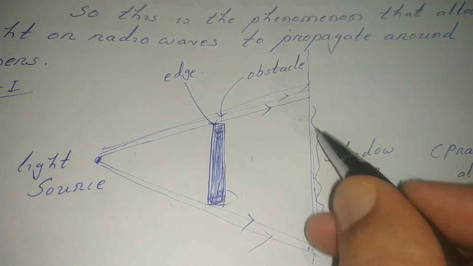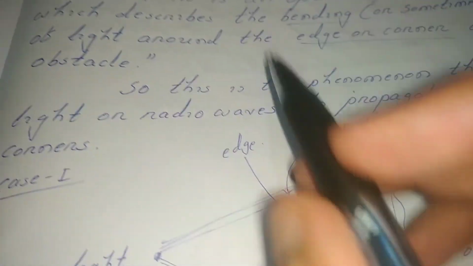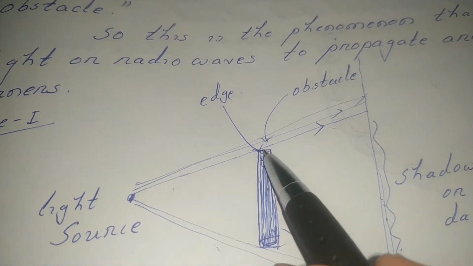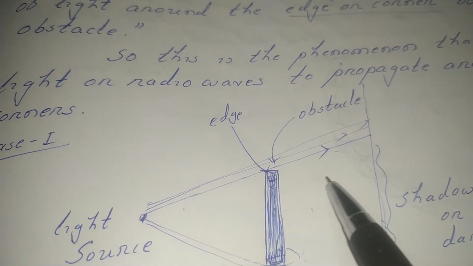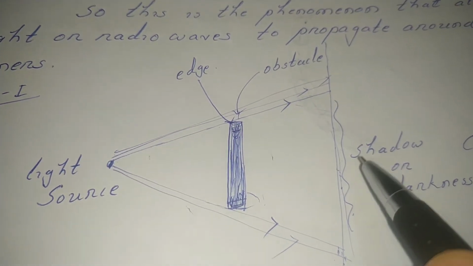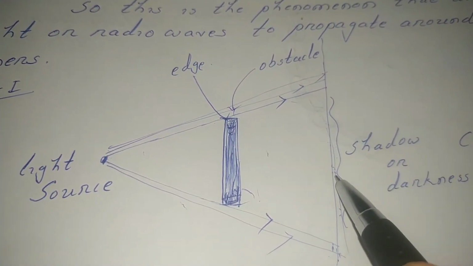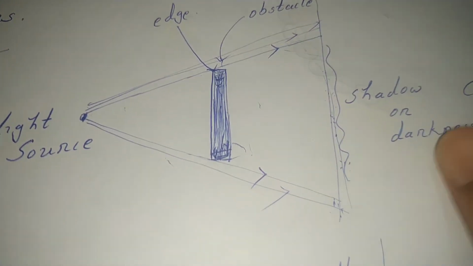Okay, and that is just due to the diffraction property of light, because at the corner, which is also called the edge of the obstacle, some of the light rays are bending. Due to that bending, or diffraction, you can see some dark and bright spots alternately in the shadow region.